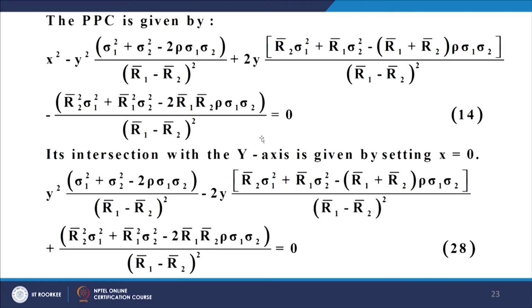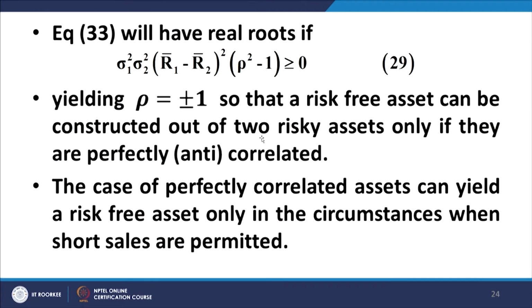The discriminant of this equation must be greater than 0, and when we solve this with an extended set of calculations, we end up with the condition given in equation number 29. Now, clearly you can see that equation number 29 mandates that rho must be equal to +1 or -1. There is no other value of rho which will result in a solution of equation number 29 except rho equal to ±1.